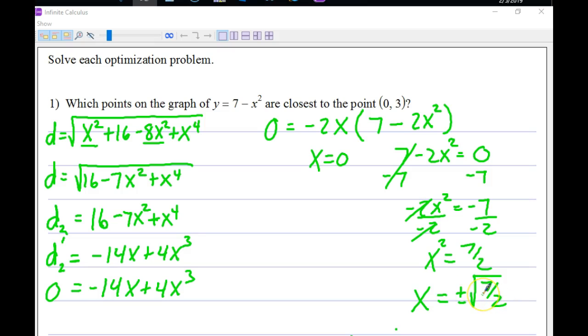And don't forget, it is a positive and negative. So I actually end up with 3 possibilities here. I've got 0, positive square root of 7/2, and negative square root of 7/2.